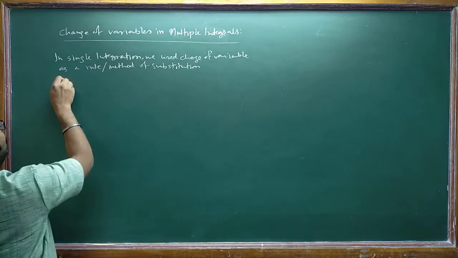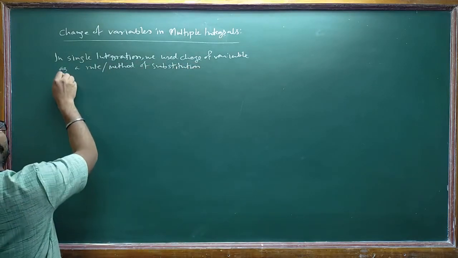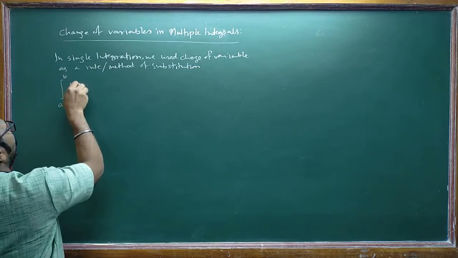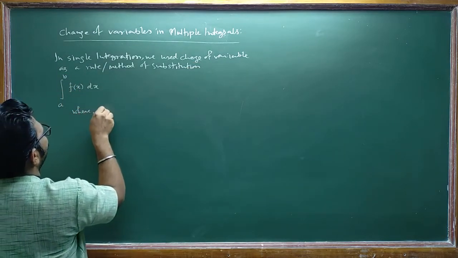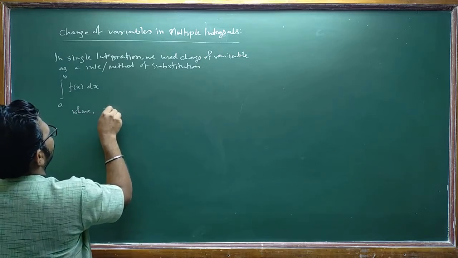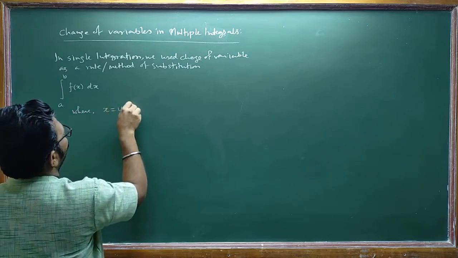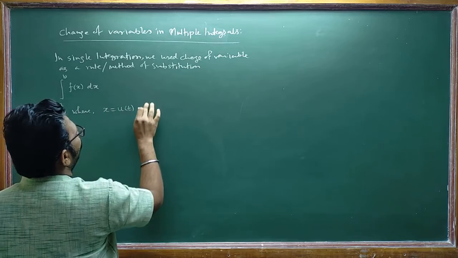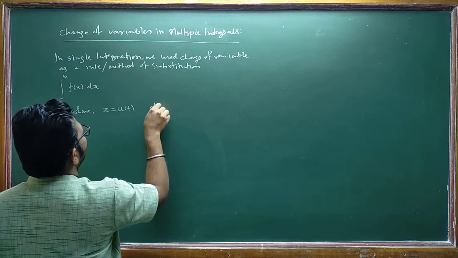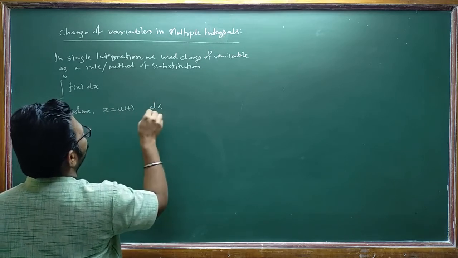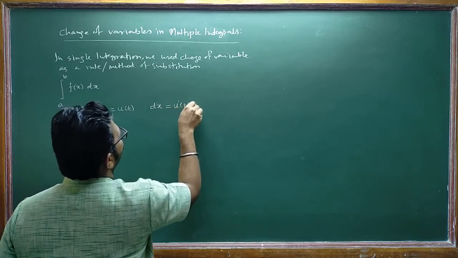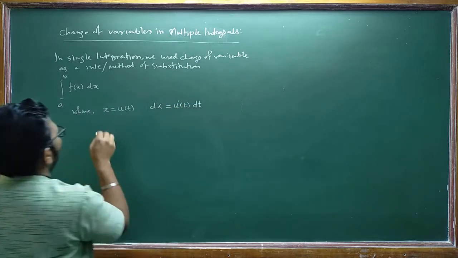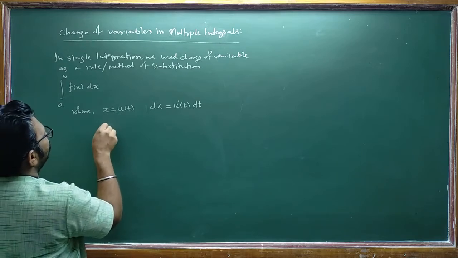That means if the integral is given as integral a to b f of x dx, where we use the substitution, we put x is u of t, and then what happens? As x is u of t, so dx is u dash of t dt, and then what about the limits?